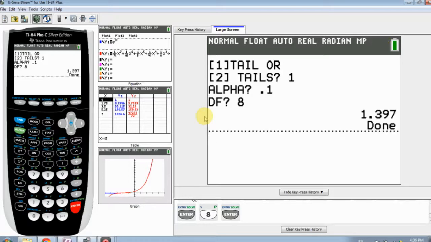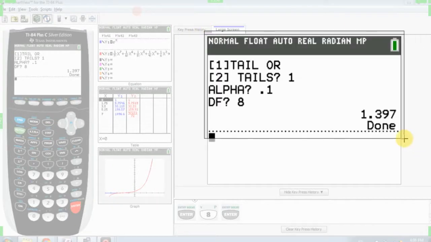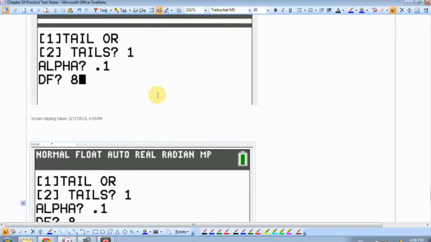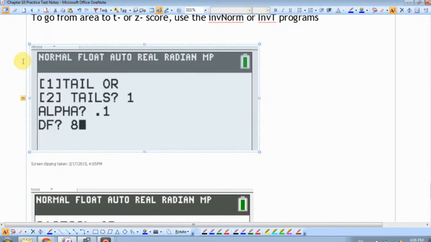Okay, point. There we go. You just want it for 1.397. So that would be the T star. 0.1. Wait, is alpha your area? Is that what we're taking? Yes.